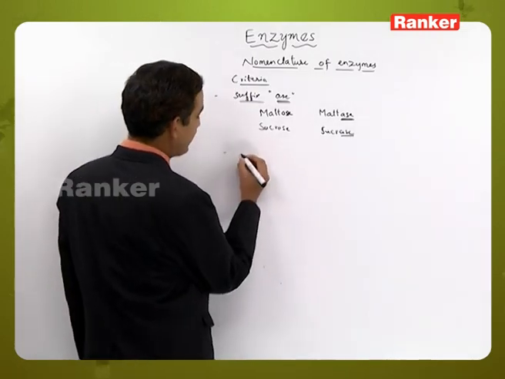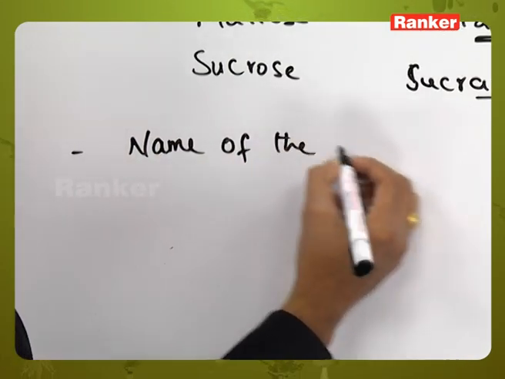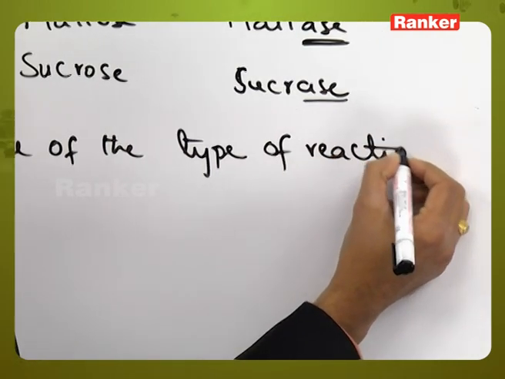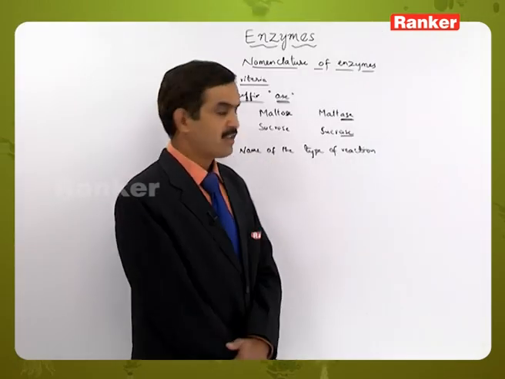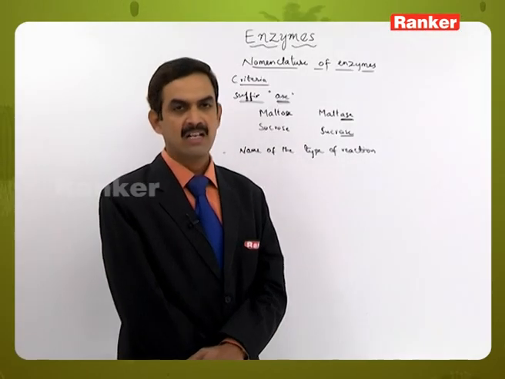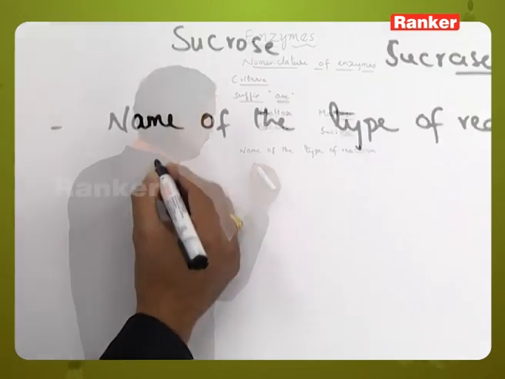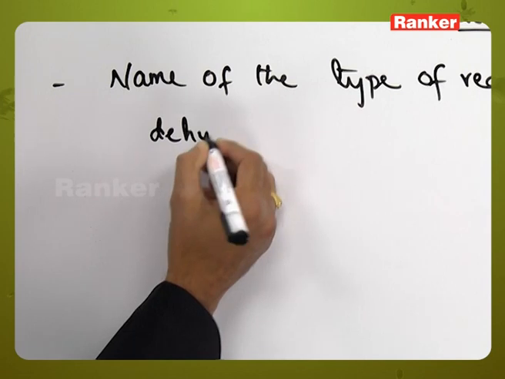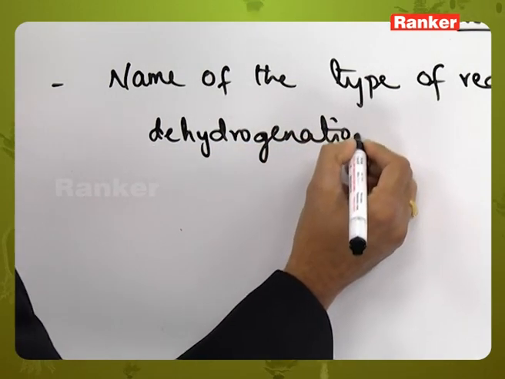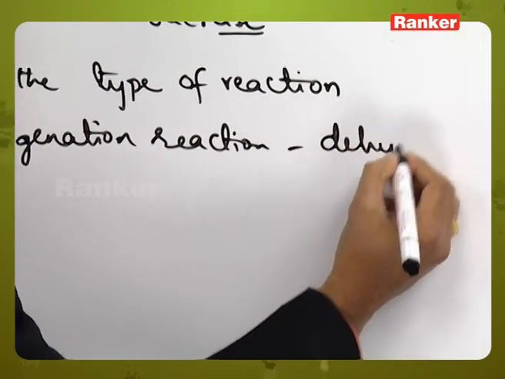And the next one is based on the name of the type of reaction. The second criteria for nomenclature of enzymes is the name of the type of reaction in which the enzyme is participating. For example, if the enzyme is participating in a dehydrogenation reaction, we call this a dehydrogenase enzyme.